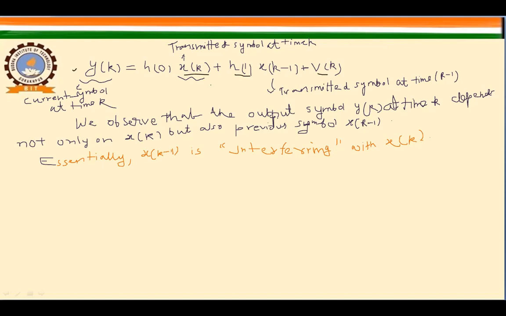In this relationship, our output symbol y of k at time k depends not only on the current transmitted symbol, but also on the previous symbol x of k minus 1. So what is the impact of this previous symbol when it is added in this model?